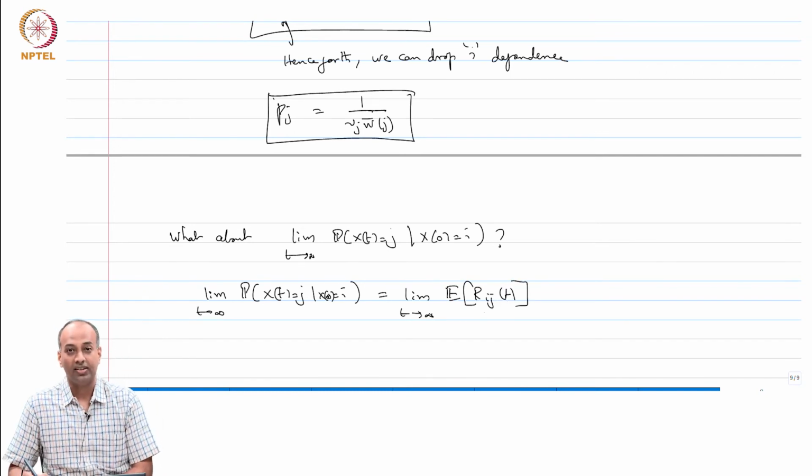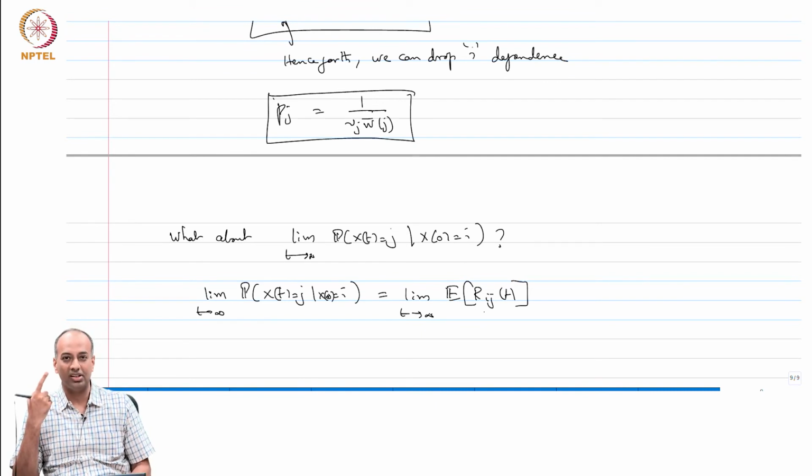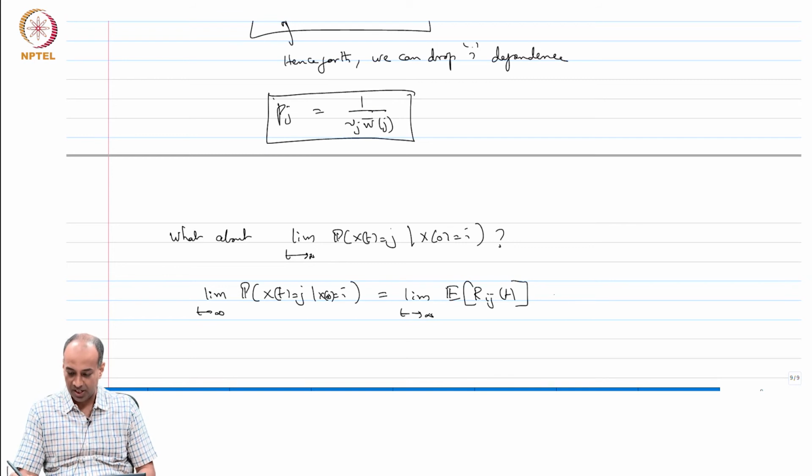Rij of t is an indicator after all, it is just the expectation of the indicator that the process is in state j, and by the key renewal theorem, the answer will be the same. The time average and the ensemble average will be the same. It will simply be 1 over nu j w bar of j, by the key renewal theorem.